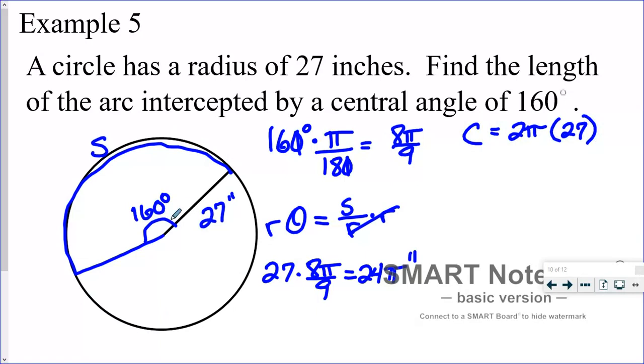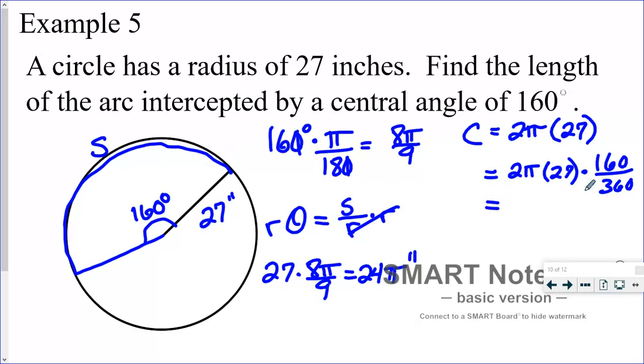Well, this is 160 out of 360. So all I have to do is say 2 pi times 27, and then multiply that by 160 over 360, which is just the proportion of the circumference. Does that make sense? So we could do that here.